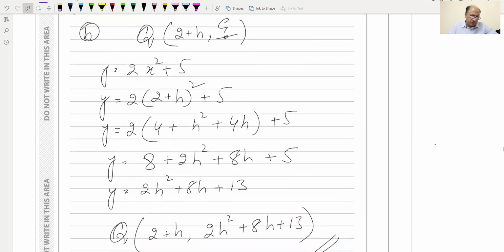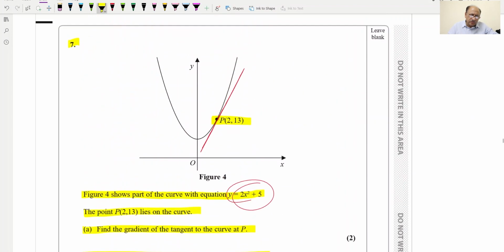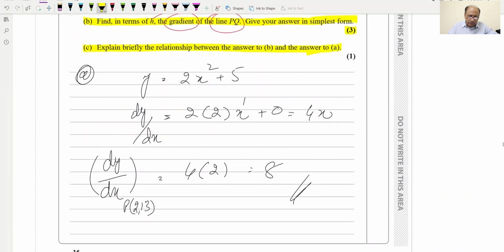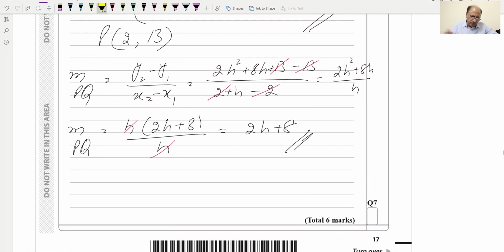Hopefully you understood this. Now the last part, part C, which is: explain briefly the relationship between the answer to B and the answer to A. This is a 1 mark question. So when P and Q join, when h is equal to 0, there's only a sentence we need to write.